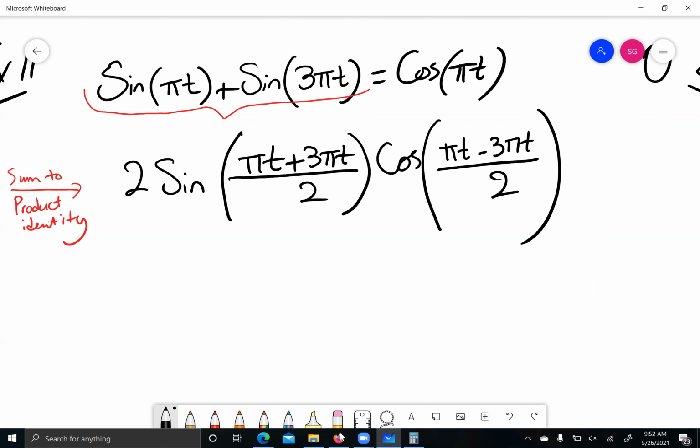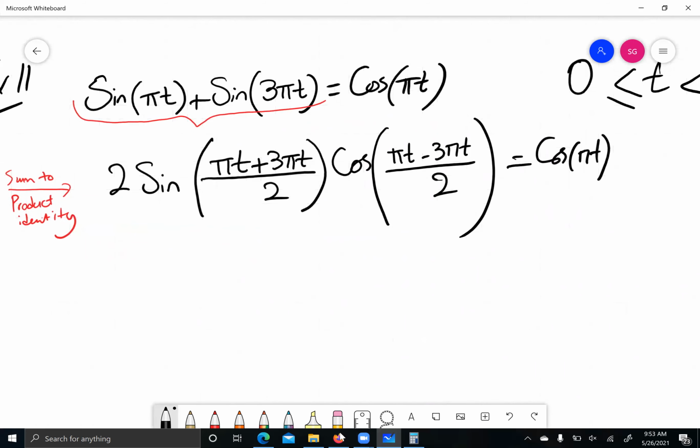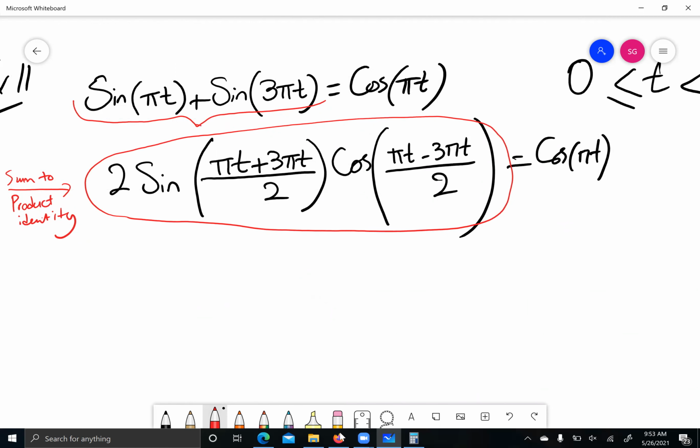This is just the left side. Equal, now the right side, cosine of pi t. Okay? So we can simplify. Here we had the sum of two trig functions, and now it's written as the product of two trig functions, and we are able to simplify this further.